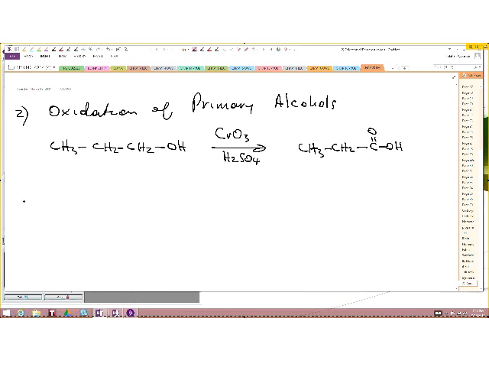Okay, so number 3, oxidation of aldehydes. There are many ways in which you could oxidize aldehydes to give carboxylic acid.